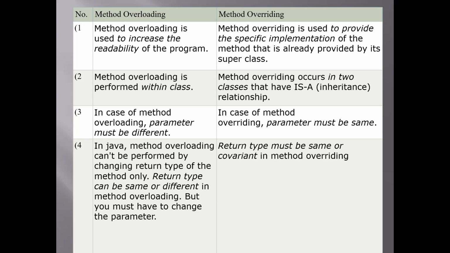No, this way it's not overload. Maybe in some other language, but not in Java. In overriding, the return type must be the same in the parent class and in the subclass. You understand? Okay, great.